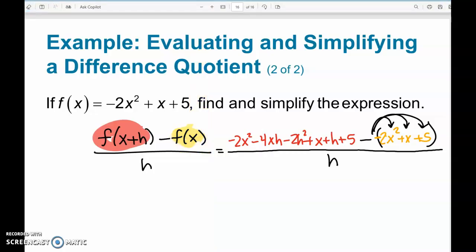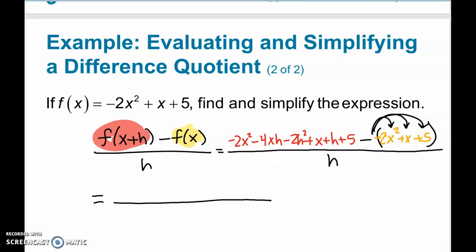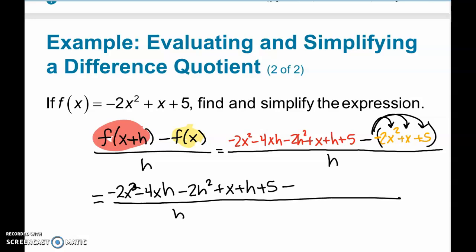And so we did that. And so in the denominator, I'll have just h. So now it's just a matter of combining some like terms. Do the distribution of the negative and then combine like terms. So this will be plus 2x squared minus x minus 5.